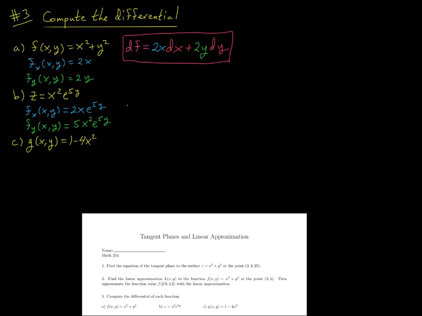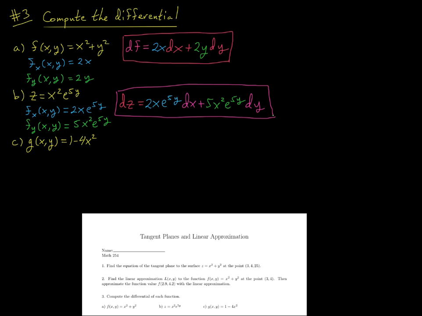So then there we're looking at, and I will write dz here just because of the way the function's presented. So this would be 2x e to the 5y times your little incremental change in x, dx, plus the 5x squared e to the 5y times the little incremental change in y, which is our dy. Okay, and there's that.